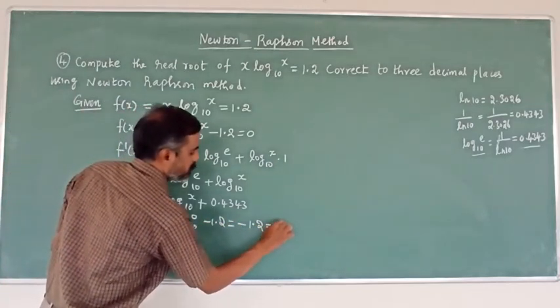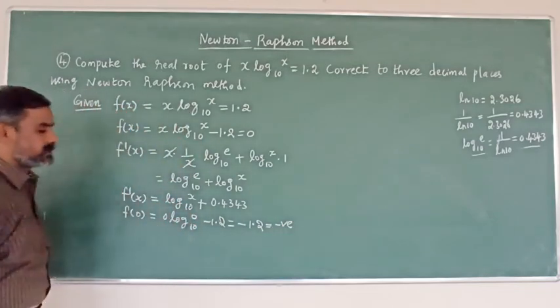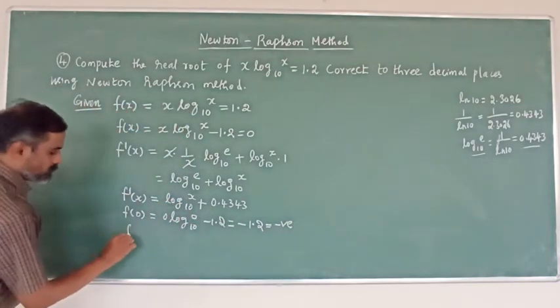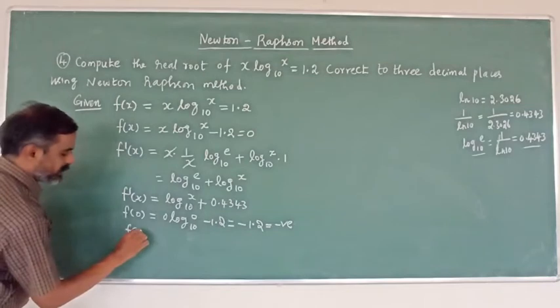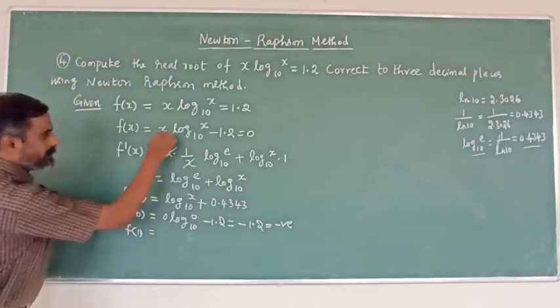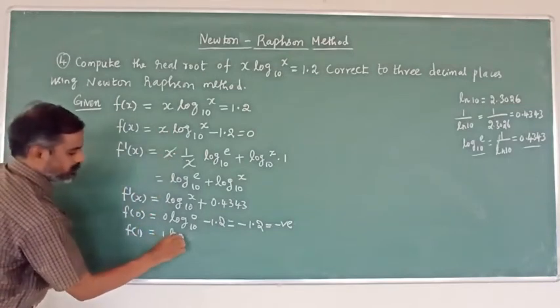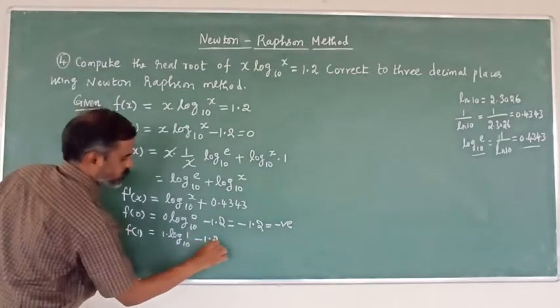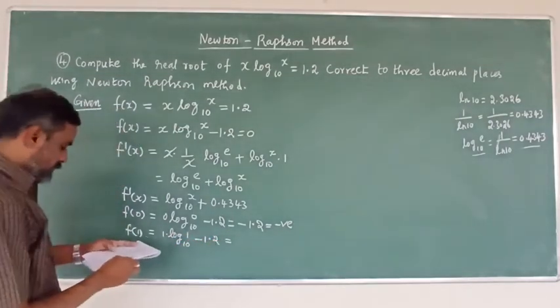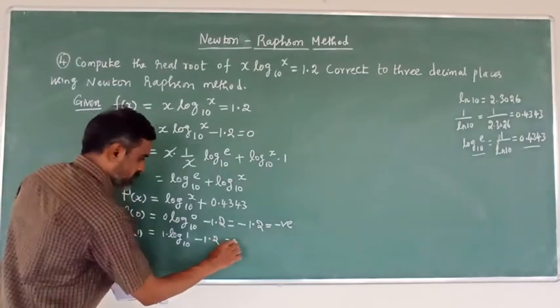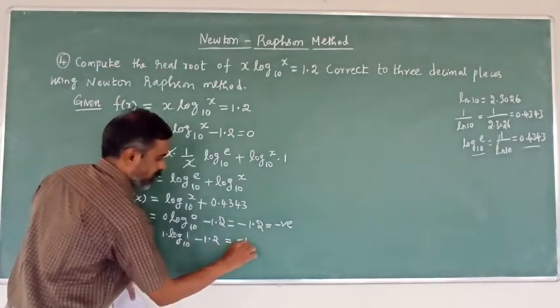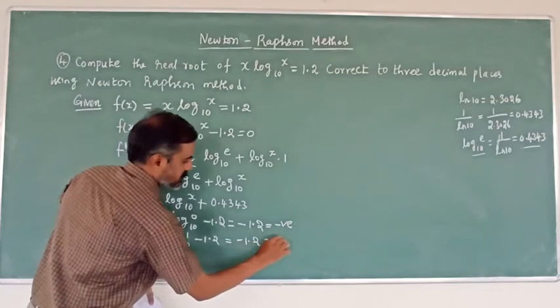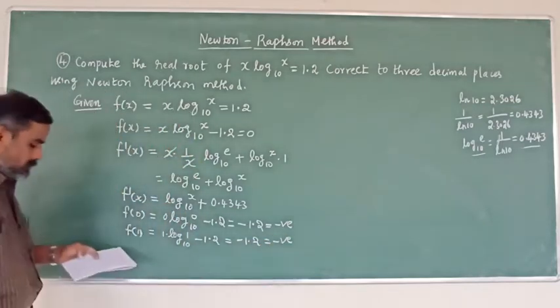This is a negative result. Next, substitute f(1), x value 1, 1 log 1 minus 1.2, we get the result minus 1.2. This is also negative.